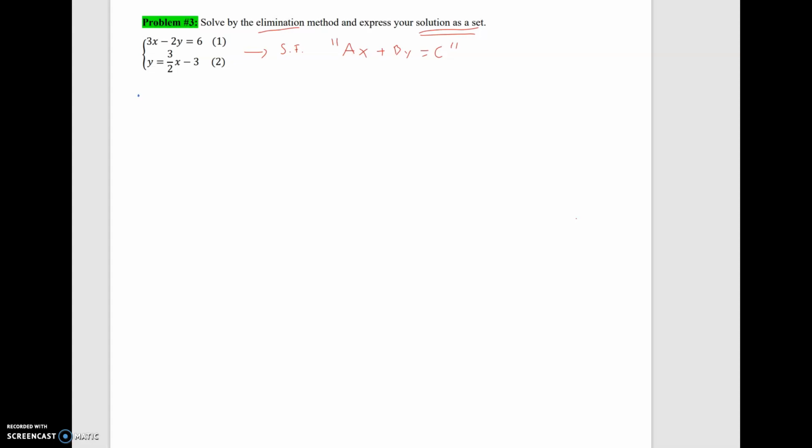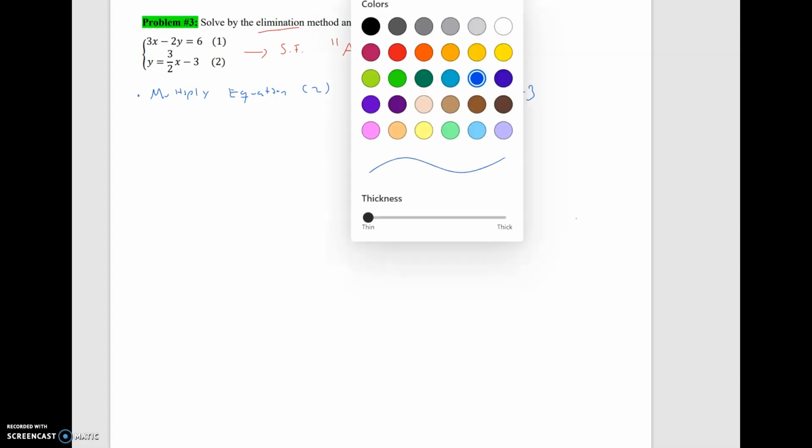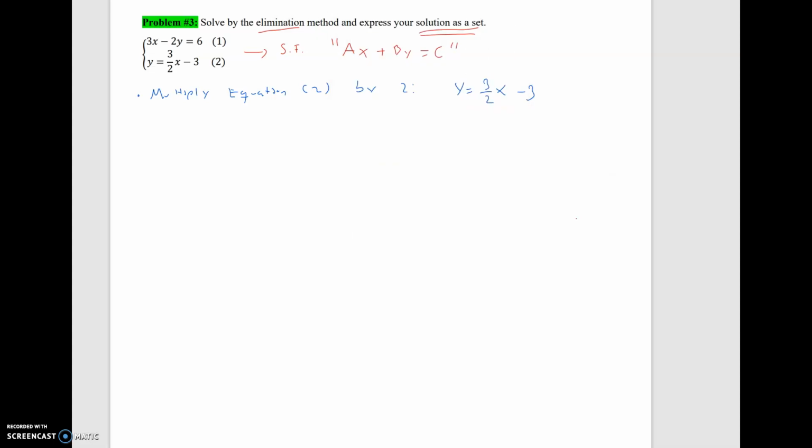So let me do the first step, just multiply equation 2 by 2. We currently have y is equal to 3/2 of x minus 3, and we're going to multiply the equation by 2, and this side by 2.